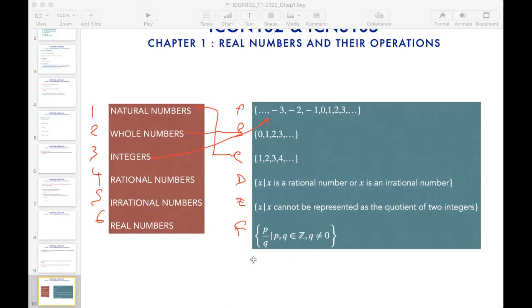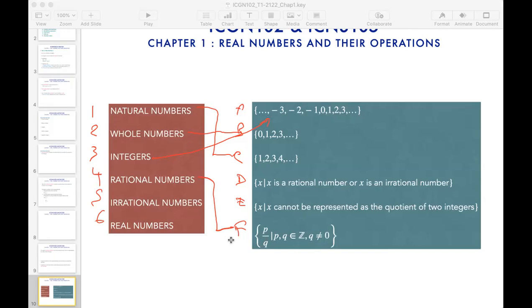That means Q cannot be 0, because otherwise it will not be part of the real numbers, and rational numbers are part of real numbers. If you divide any number by 0, it is not a real number. So this is the notation of rational numbers that we can represent using variables like this. In this question, the answer goes to choice F for question 4.